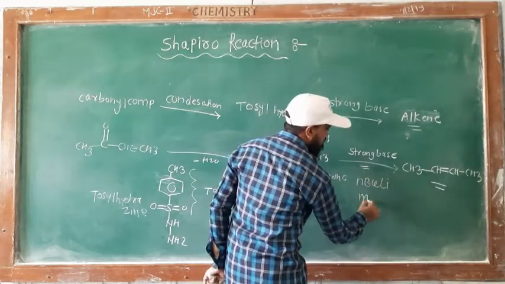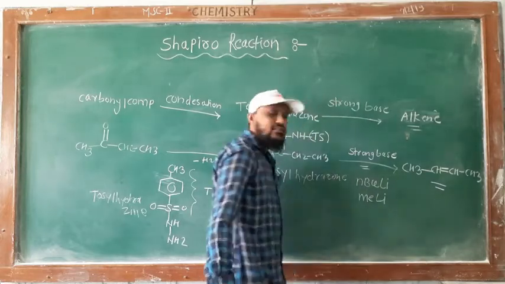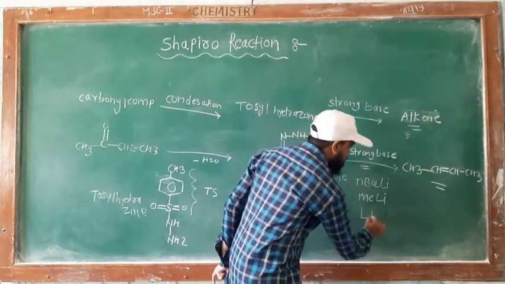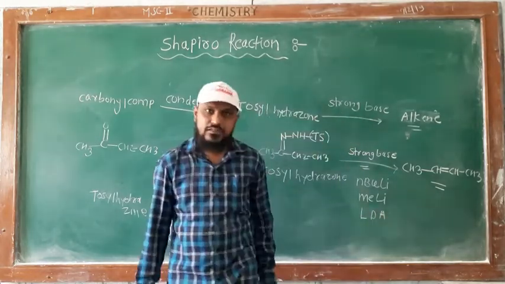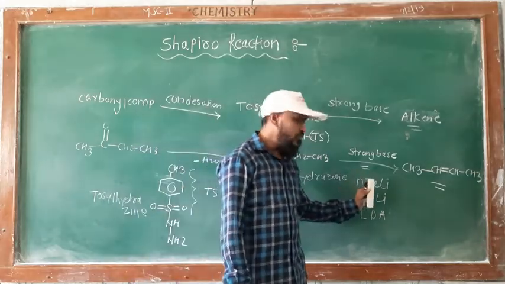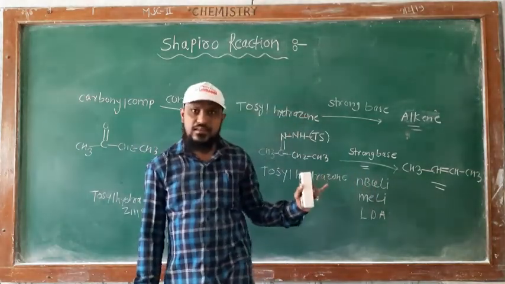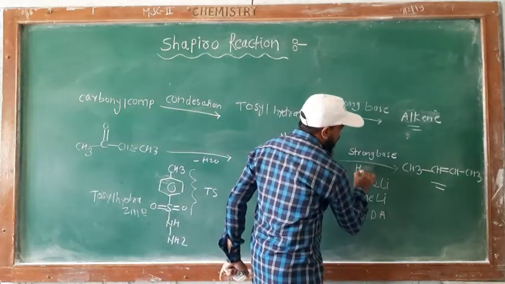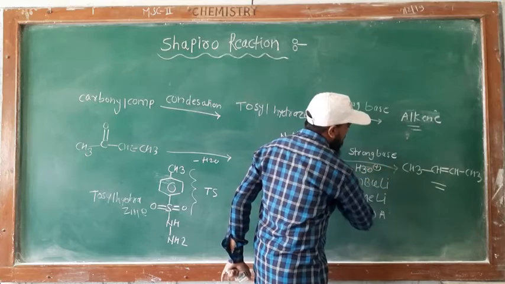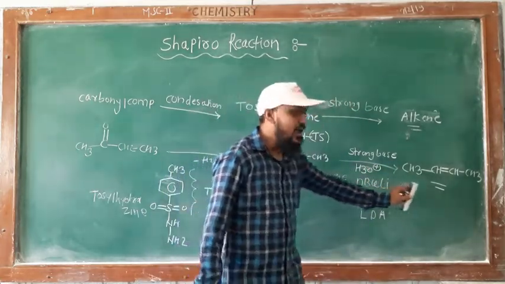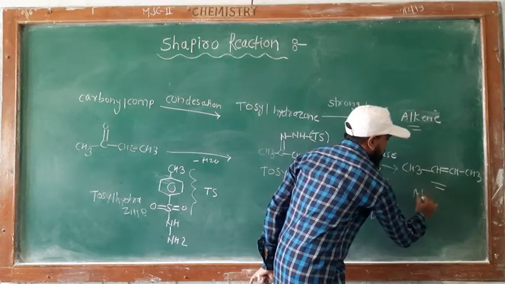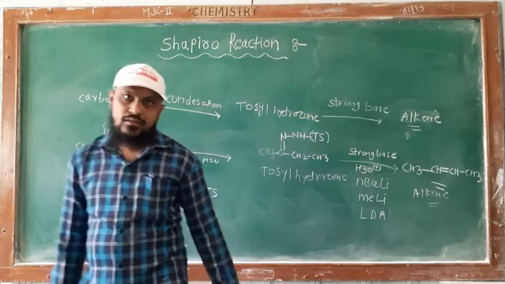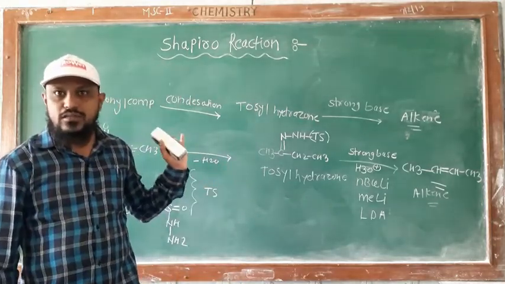Methyl lithium and LDA are also used as bases in the Shapiro reaction, but mostly n-butyl lithium is used. Here hydrolysis also takes place, and after the hydrolysis an alkene is obtained as the major or final product of the Shapiro reaction.